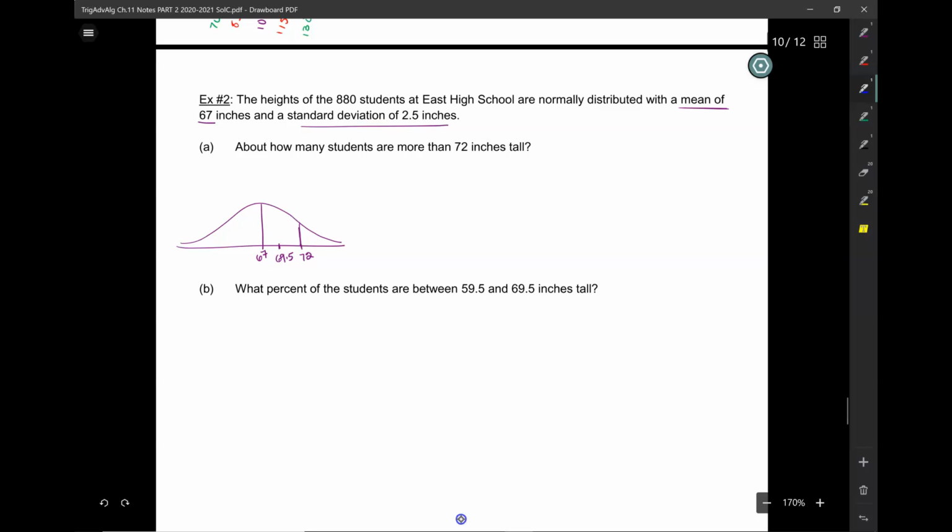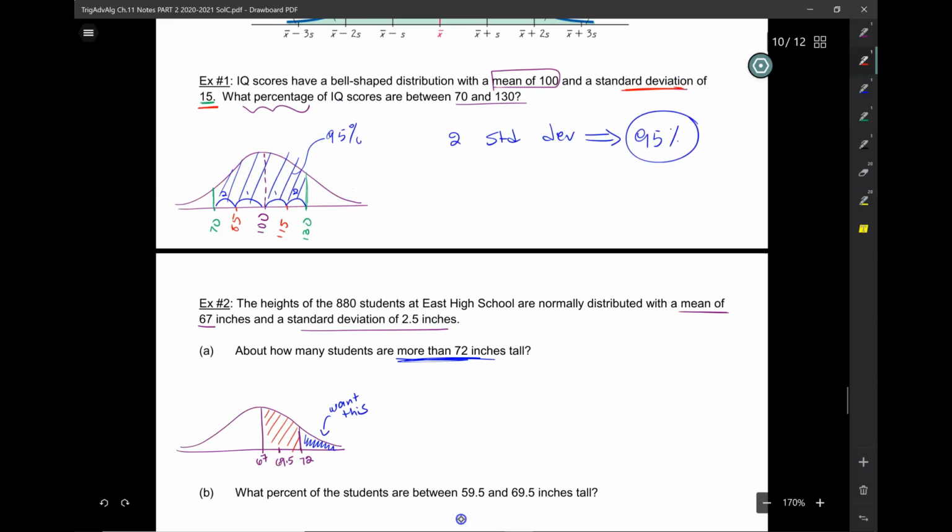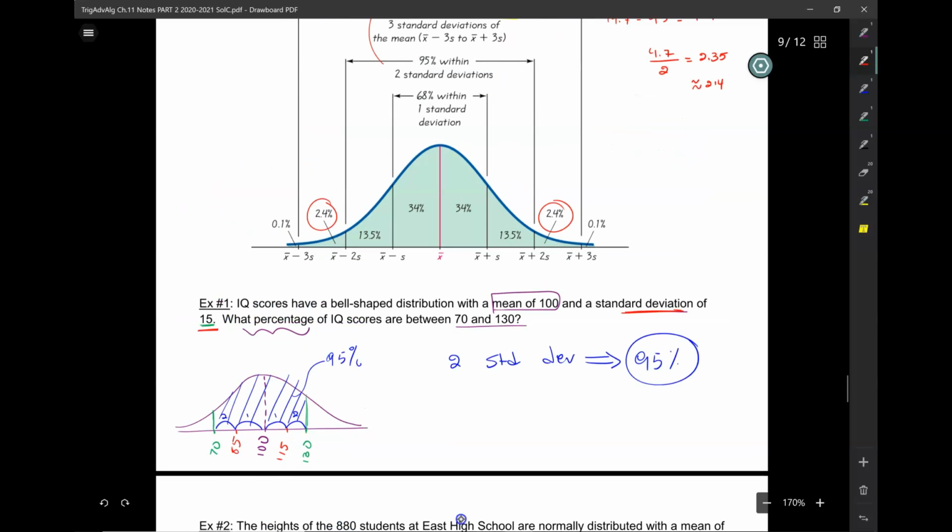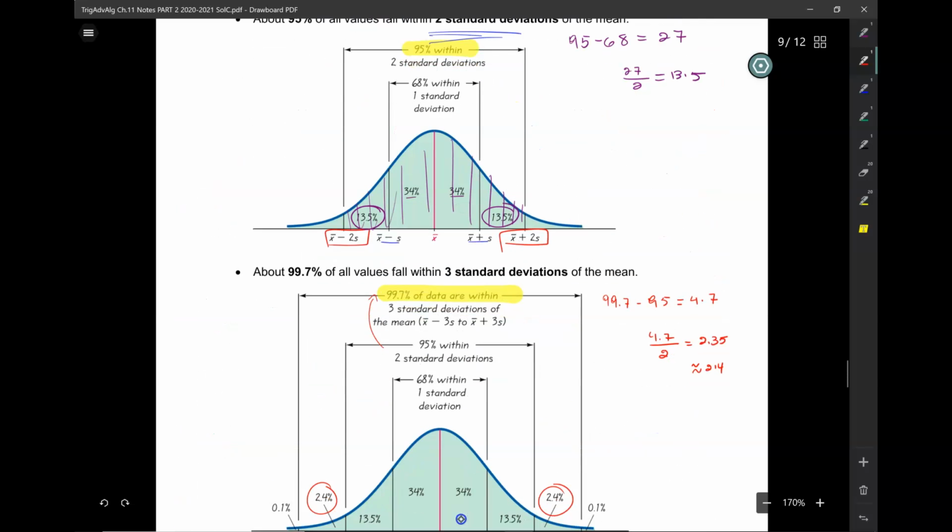Now, this is asking me how many students are more than 72. So that's what I want. From the 67 to the 72, what percentage is that? Yes, but it's only the first half of it.